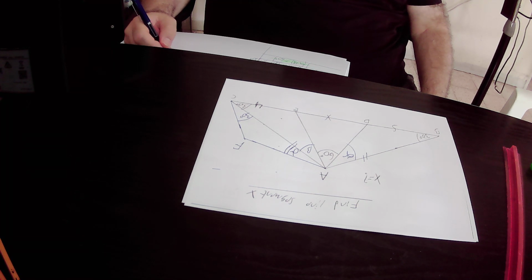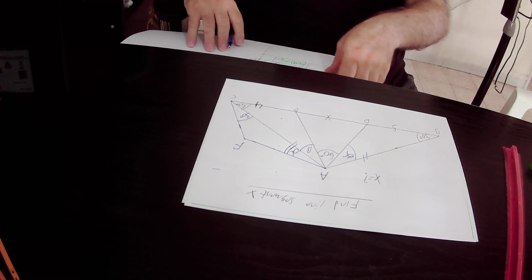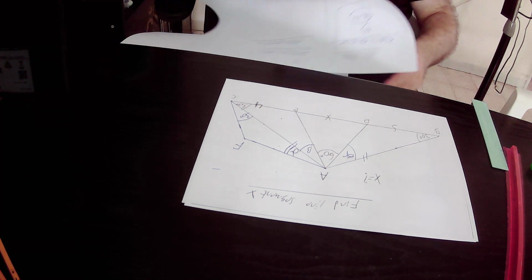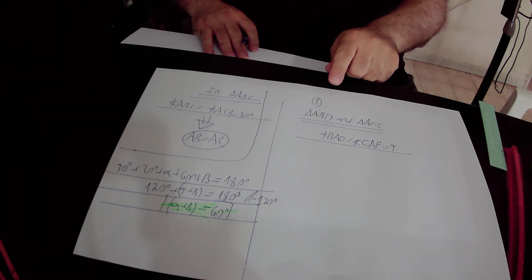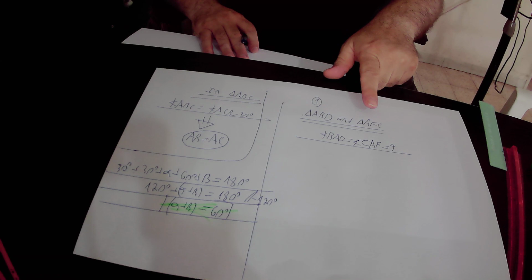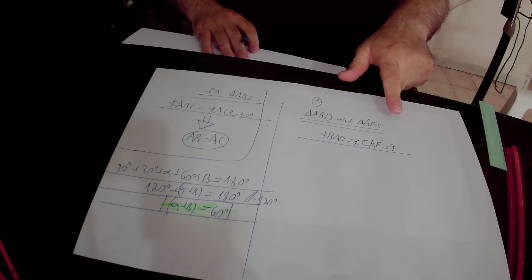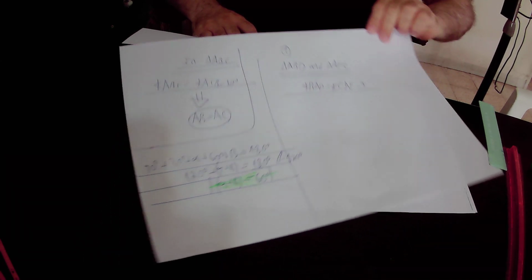Both angles are equal to alpha, therefore they are equal to each other. Here, I repeat again: angle BAD equals angle CAF, both angles are equal to alpha, therefore they are equal to each other.